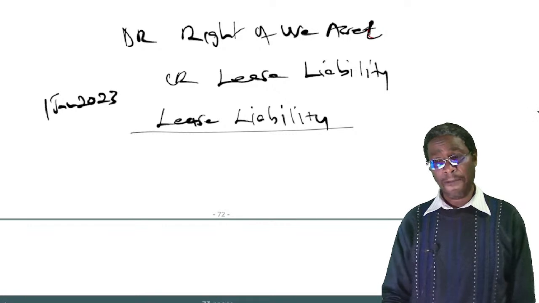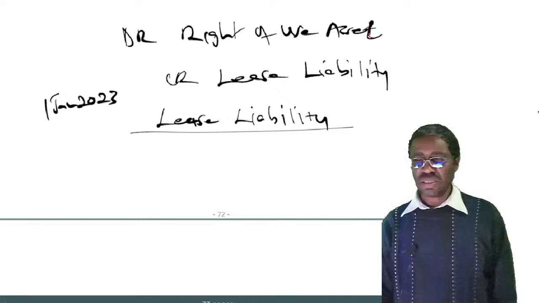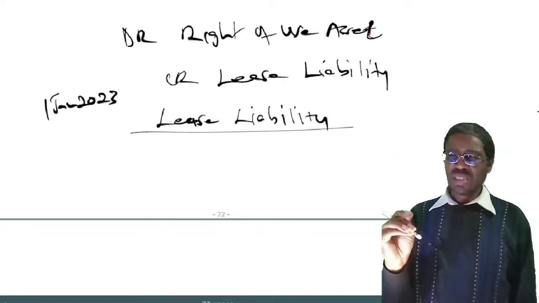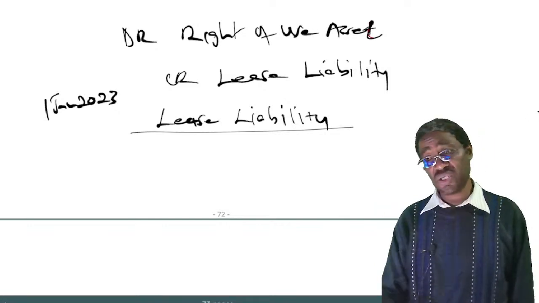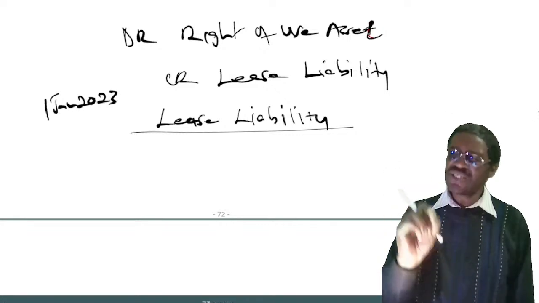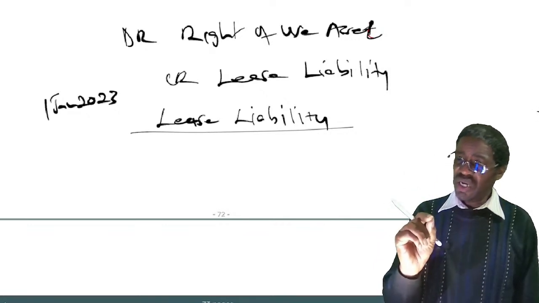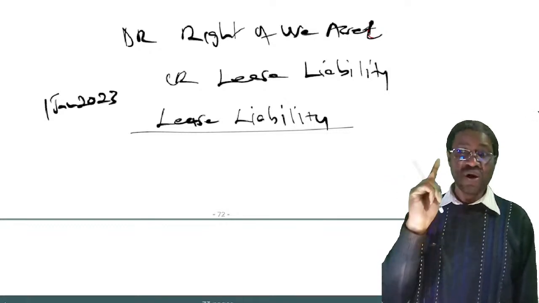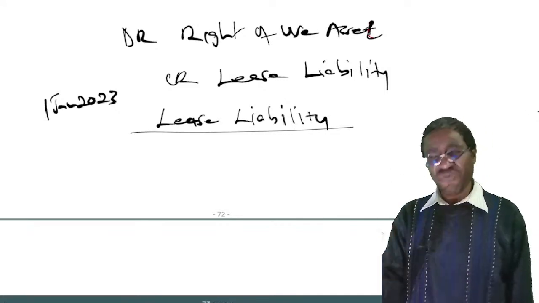You as a lessee agreed that you're going to lease this machine or this motor vehicle for 10 years, and you are going to pay the lease payments or installments in arrears, at the end of each year.